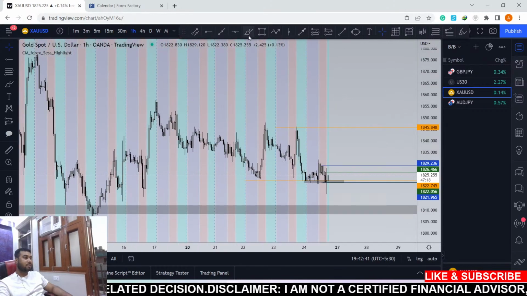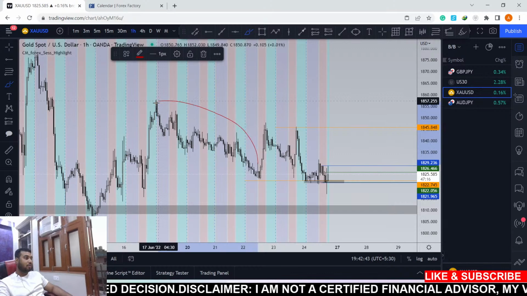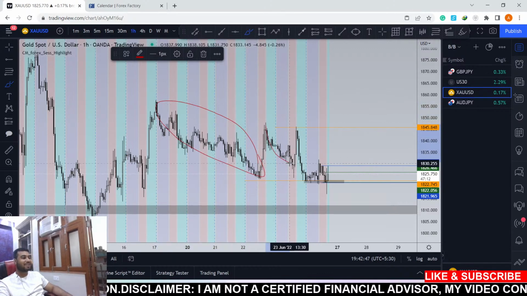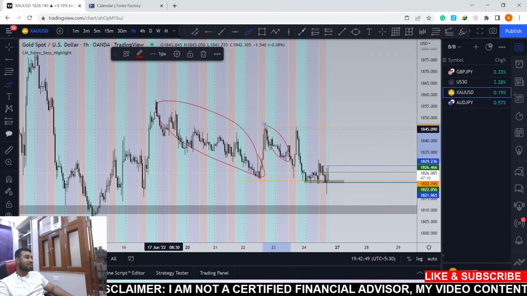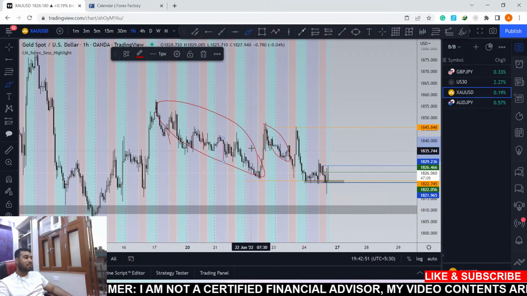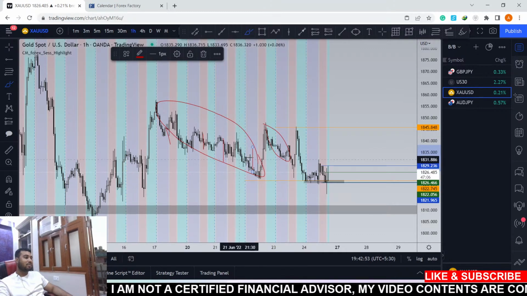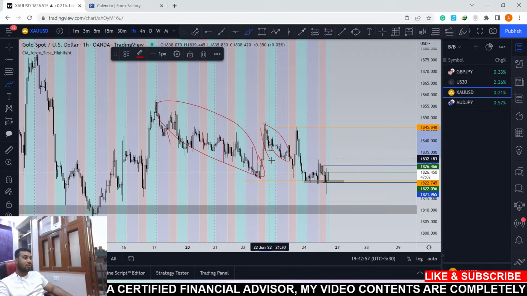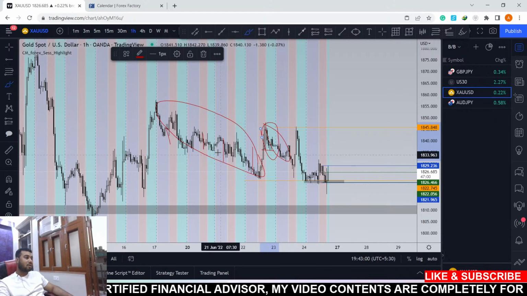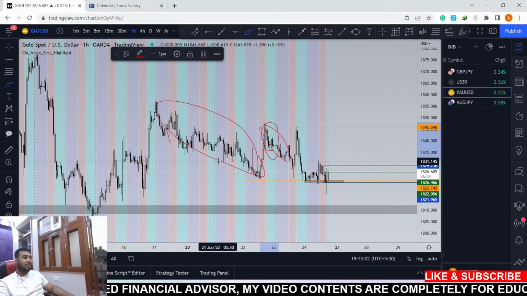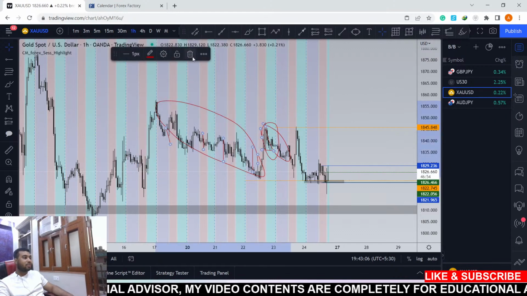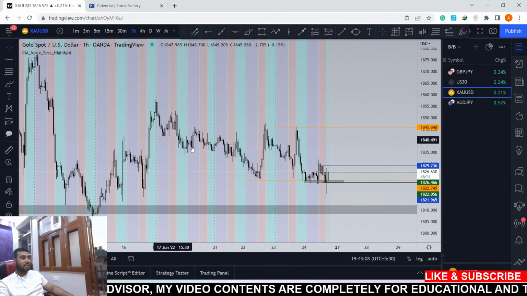If you look at this market, how much money could you have made in this sort of market condition? 1, 2, 3, 4 days. I sat at around this area. From here, look at the market. This is the reason why my stop loss was hitting again and again.